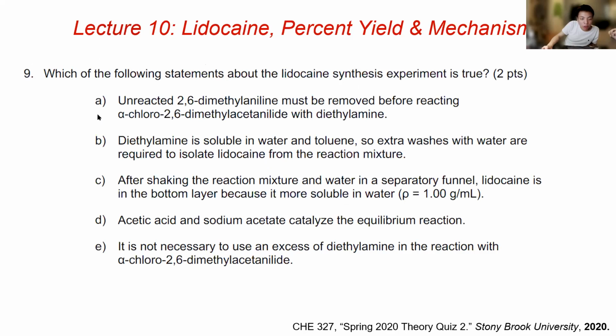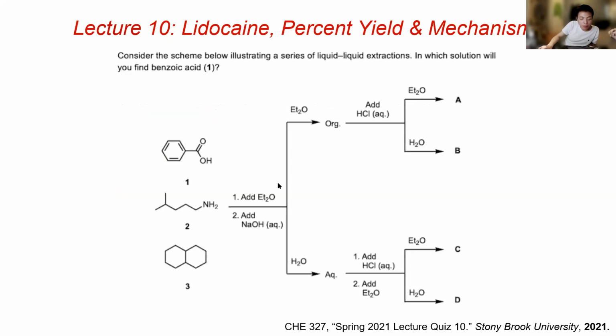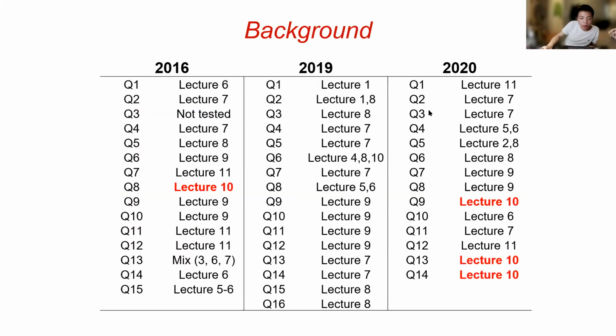This one I know B is true, A is kind of true. We have to remove stuff from A in order to proceed with the procedure in part B. And this is just some questions from the previous exams.